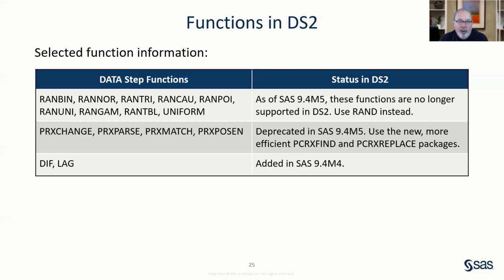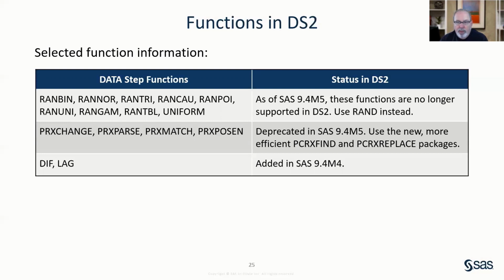If you're a fan of regular expressions like me, you're used to using the PRX functions in the data step to manipulate funky text. These functions were in the initial implementation of DS2, but are being deprecated as of SAS 9.4 M5. And the reason for that is the DS2 geniuses have produced two new packages, the PCRX find package and PCRX replace package, that ship with DS2.